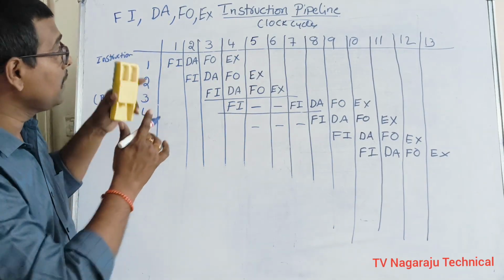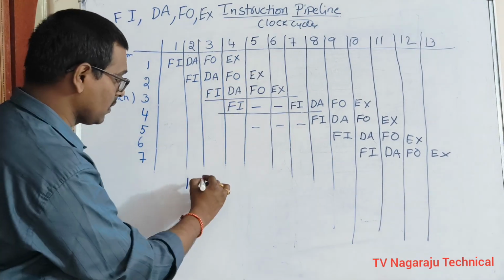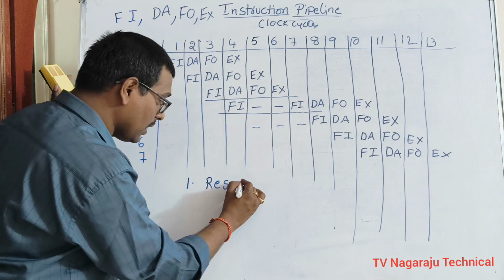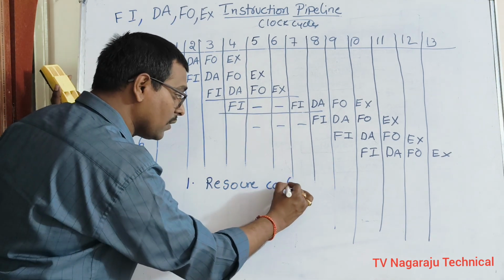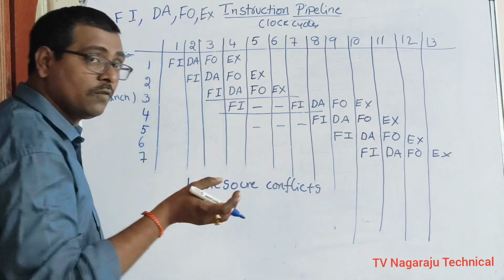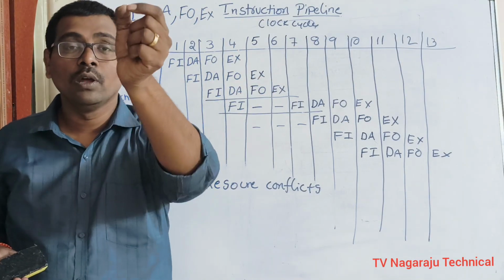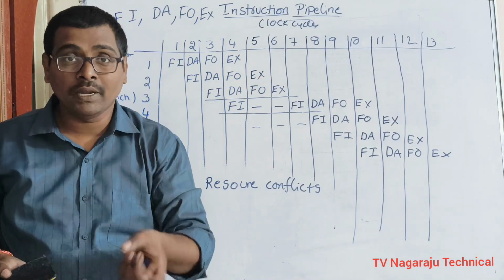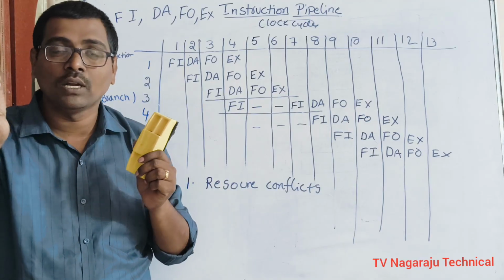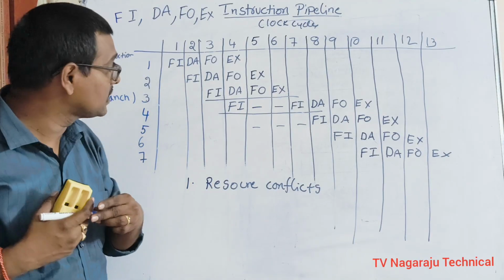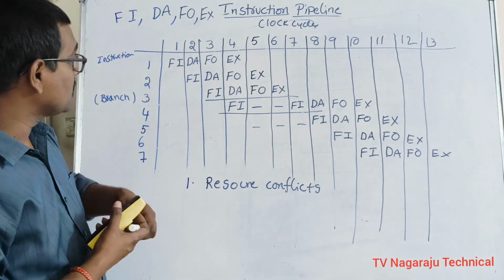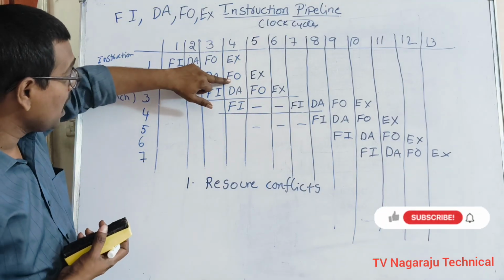What are the problems that are faced by the instruction pipeline? The first one is resource conflicts. Resource conflict means more than one segment wants the same memory at the same time. For example, fetching of an instruction and fetching of an operand.